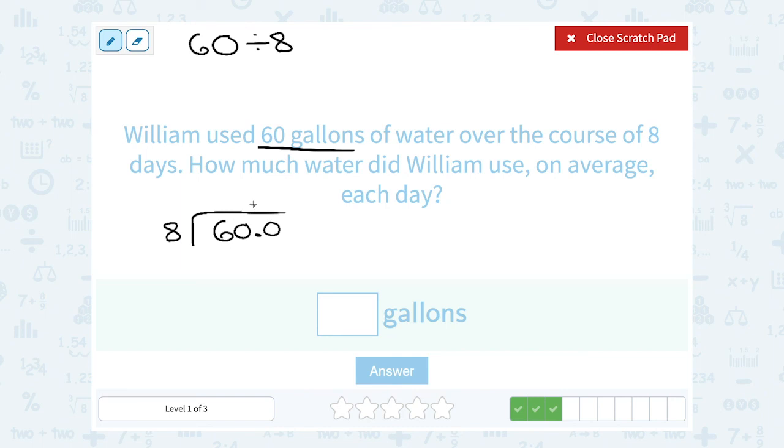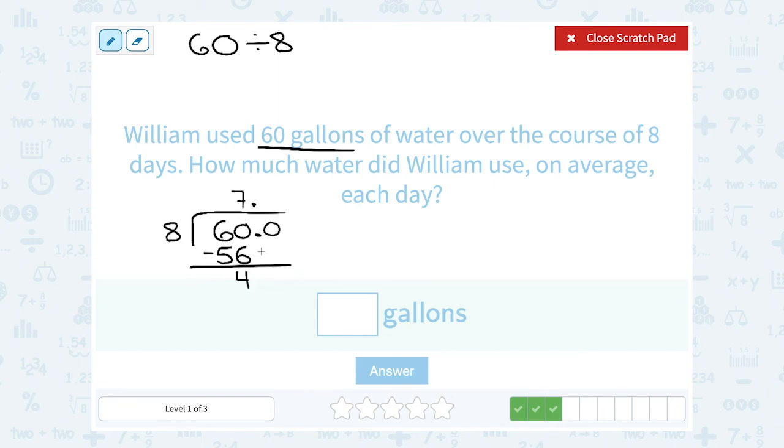And of course, I'm going to line up my decimal right above the decimal point there. The first thing I want to do is think, how many times does 8 go into 60? Well, not quite 8 times, that would be 64, so it's going to go in 7 times. And 8 times 7 is 56. So that's going to leave me with 4.